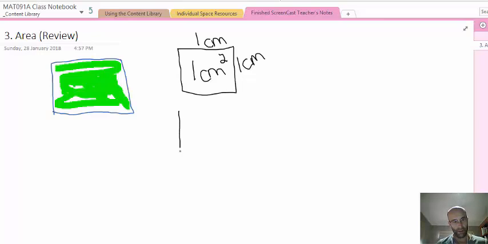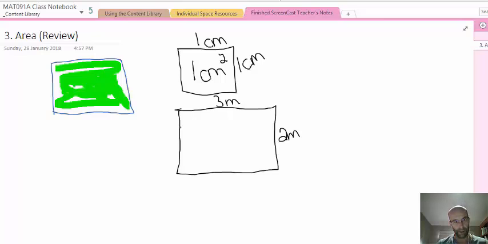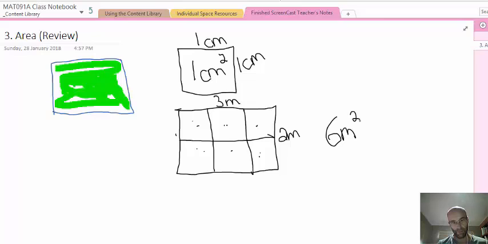If we have a rectangle of 3 meters this time by 2 meters this way, we can break that up into 1 meter squared squares. We'd have this, wouldn't we? And there'd be 6 identical squares of 1 each. So 1, 2, 3, 4, 5, 6. 6 meters squared, or 6 square meters.